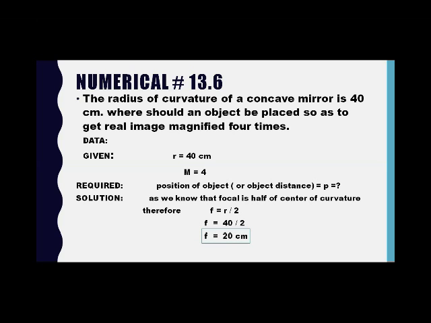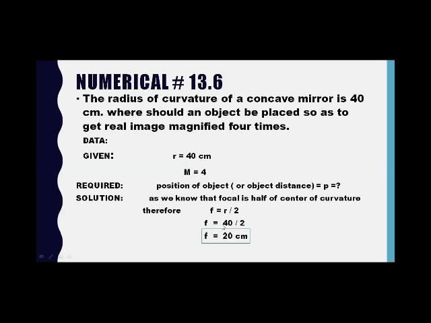Now, first of all, we know that the focal length is half of the radius of curvature. So f is equal to r upon 2.